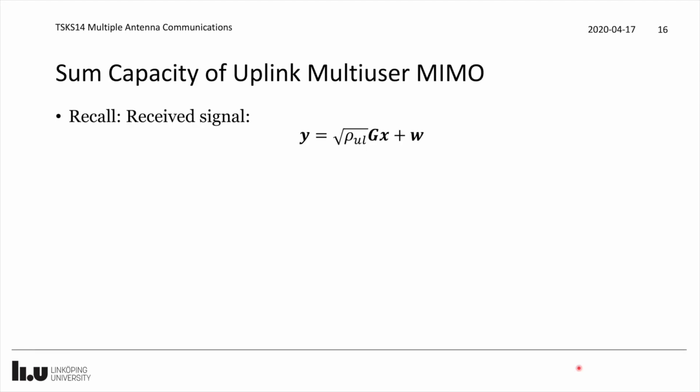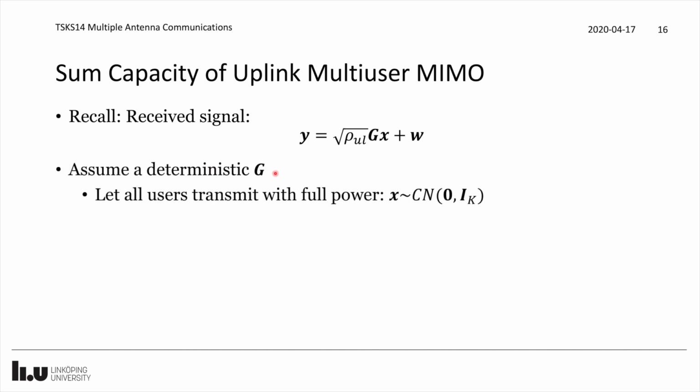So let me just wrap up by talking about the sum capacity of an uplink multiuser MIMO channel. Recall that we had this received signal, Y, which is the channel matrix G multiplied with the transmitter signal X, and then we have the SNR here and we have the noise vector. Then assume that the channel G is deterministic and fixed, so we have a non-fading channel.